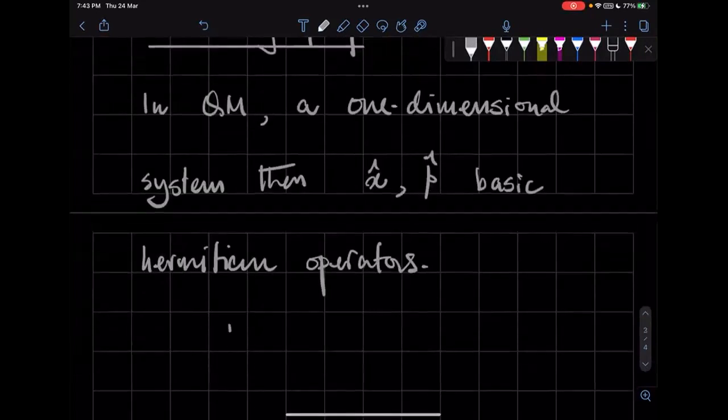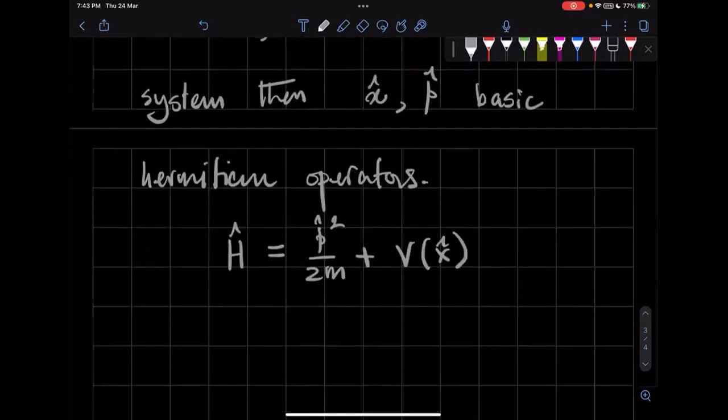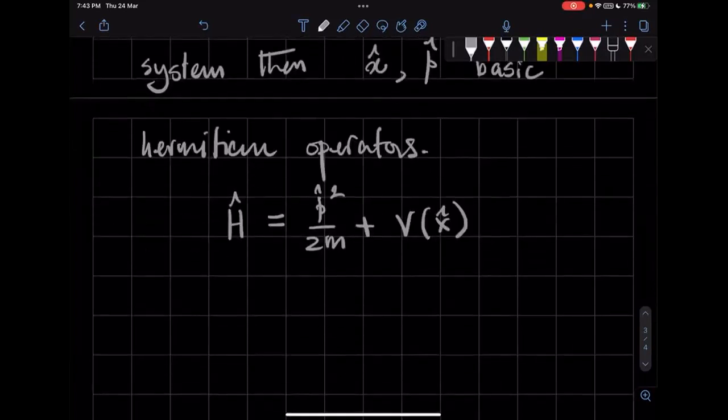From these you can build, say, the Hamiltonian, stuff like that. But one of the assumptions of quantum mechanics is that these basic variables satisfy these commutation relationships. The commutator of x and p is i h bar.